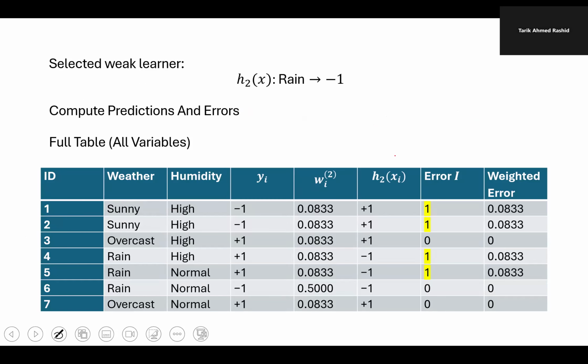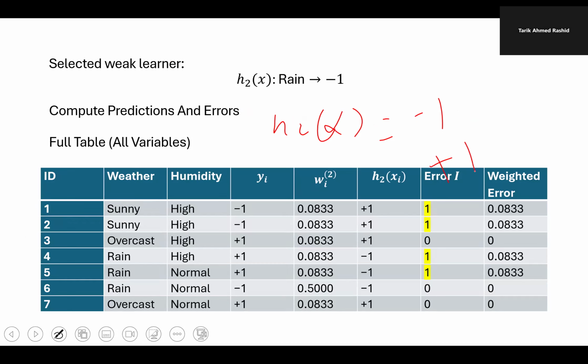So H2x equals -1 if the condition is rain. Otherwise, if it's not rain, then it is +1, the rest of the condition.